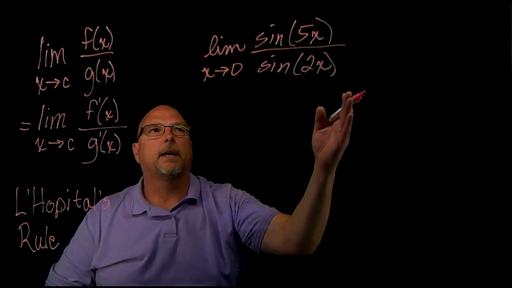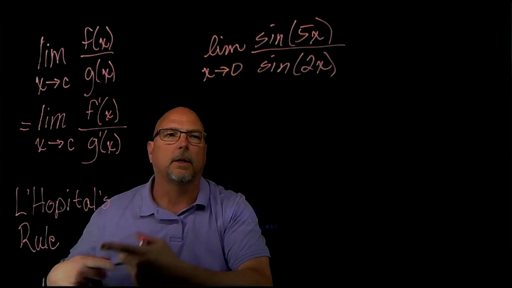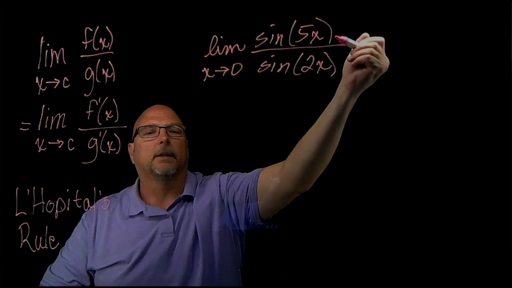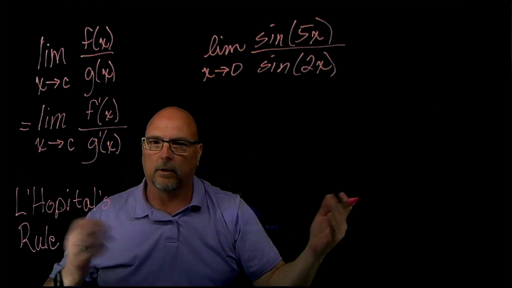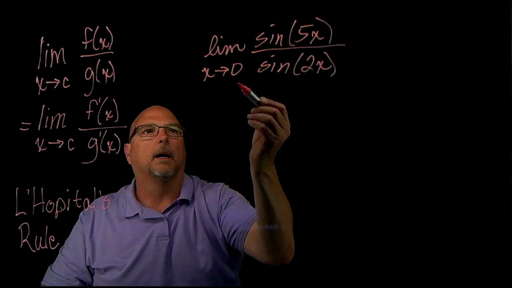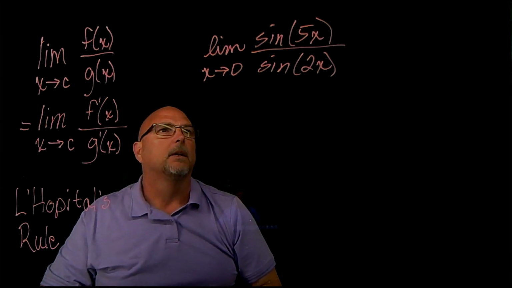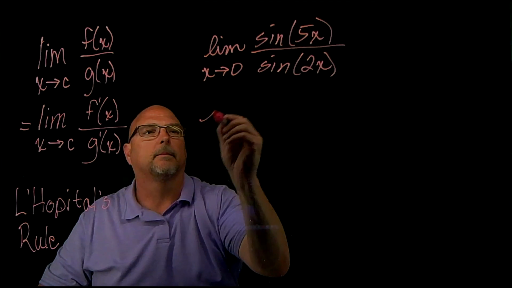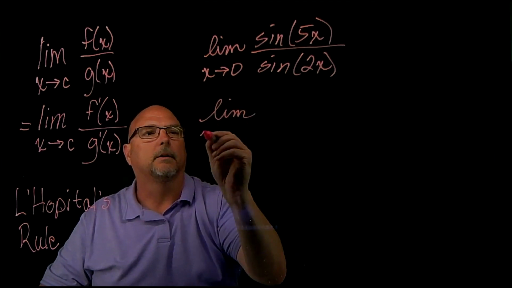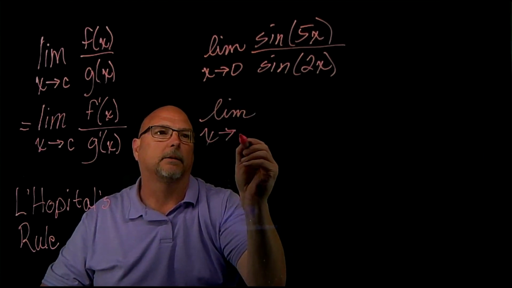All right, so here's one that has a trig function. Let's use this L'Hopital's rule. The numerator and denominator are both differentiable on an open interval where x goes to 0. I'm writing now to be a little faster.